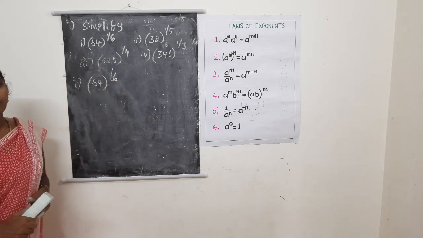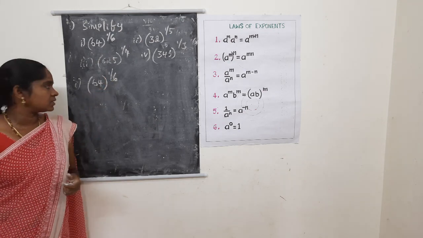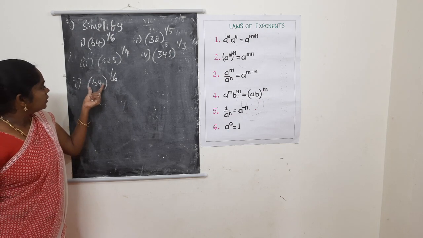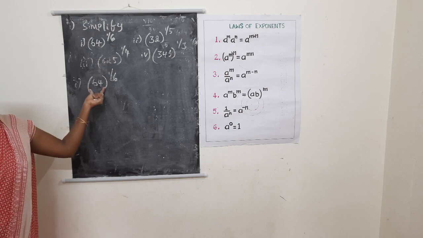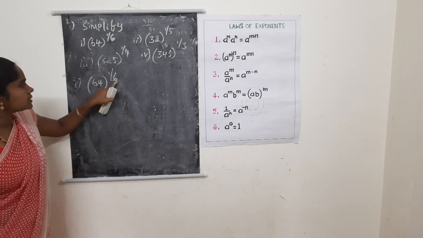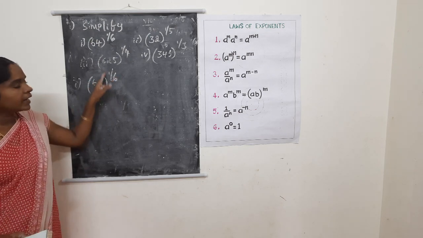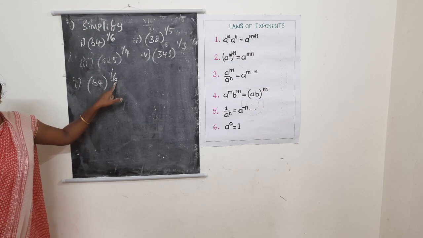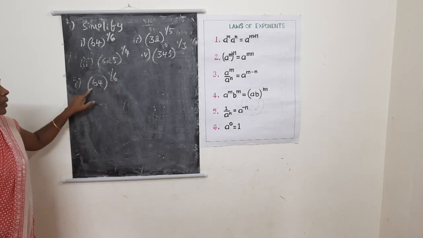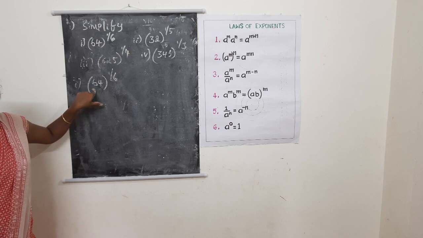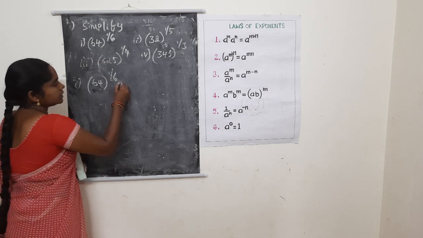This is the base; the base is 64. 1 by 6 is the exponent. In the exponent, the denominator value is 6. So the base should be written in terms of power 6.